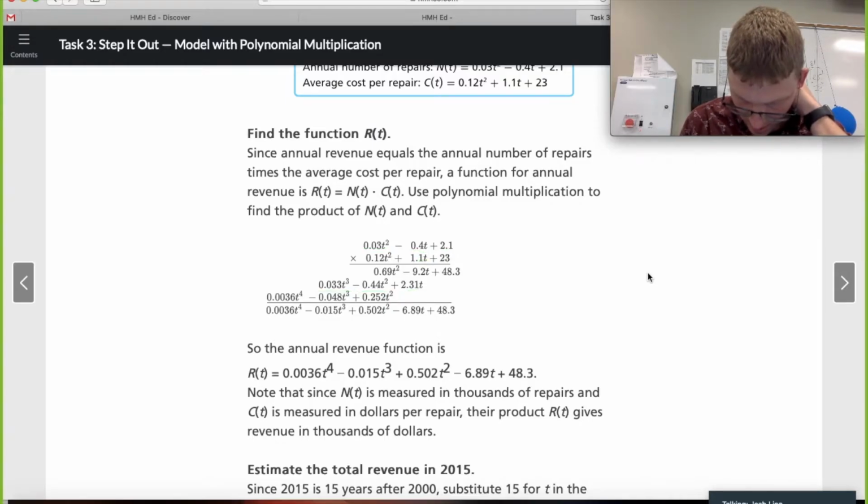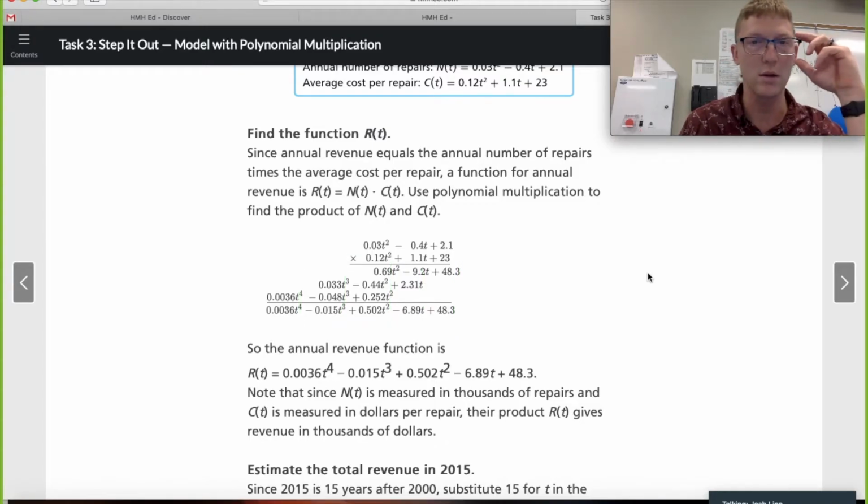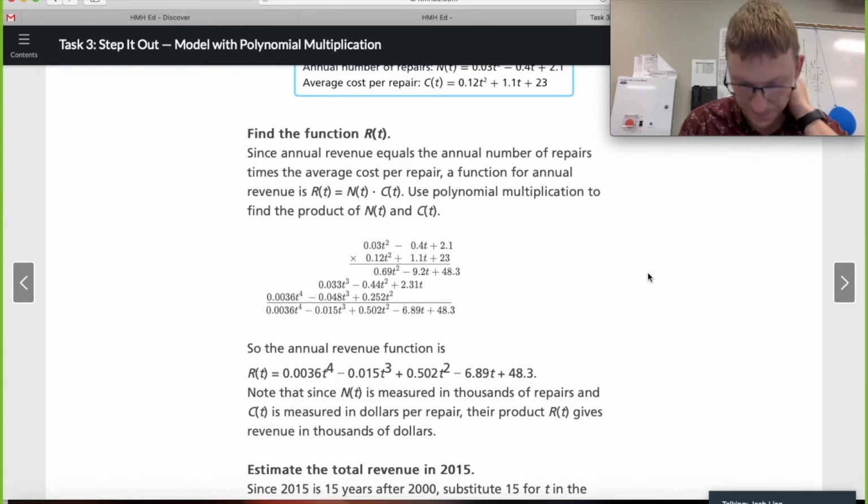Notice how as we're going through, we're already lining up exponents. All of your single t's are going to be right here, all of your coefficients by themselves, and then the squares, cubes, and fourth powers. That's the exact same thing you would do with a regular multiplication problem.